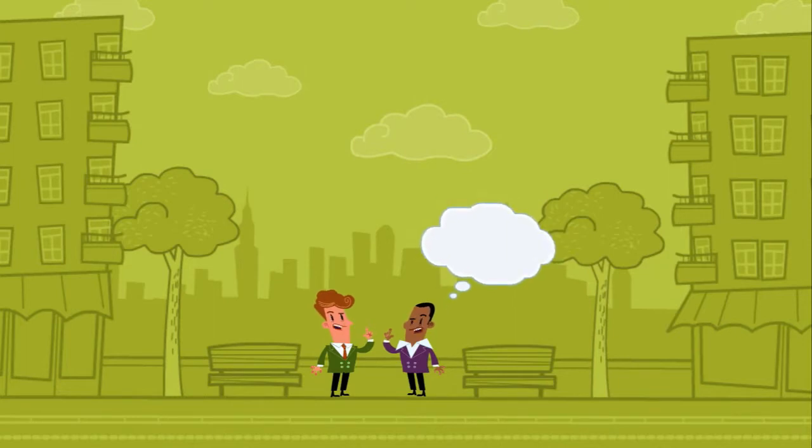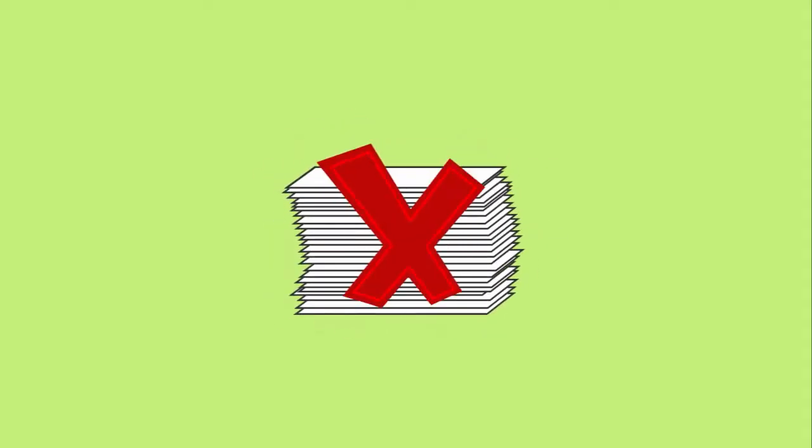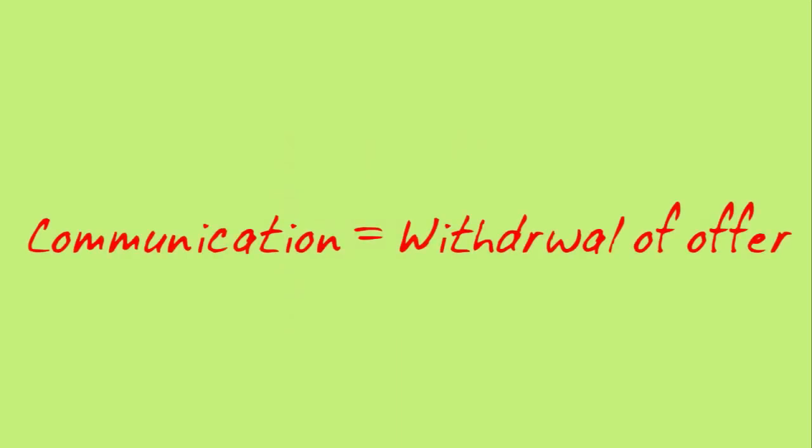Despite this knowledge, Dickinson tried to accept the offer. Dodds refused to transfer the property, and Dickinson sued to enforce the contract. It was held that there was no contract between Dodds and Dickinson. The Court of Appeal thought that the communication by the third party to Dickinson was tantamount to Dodds telling him, "I withdraw the offer."